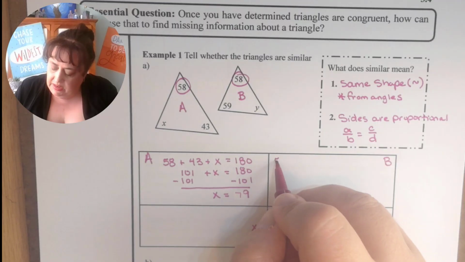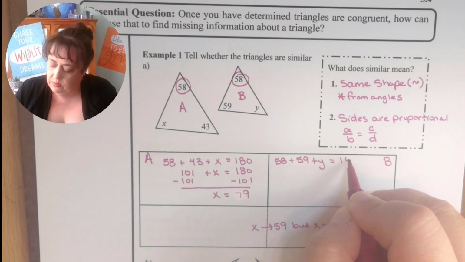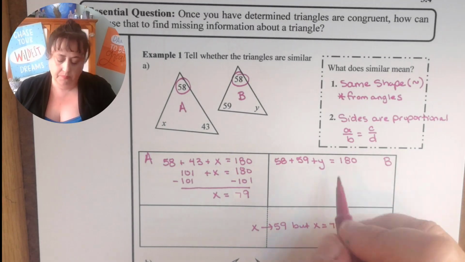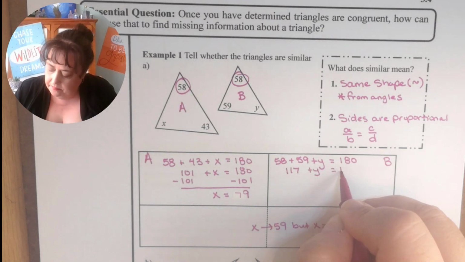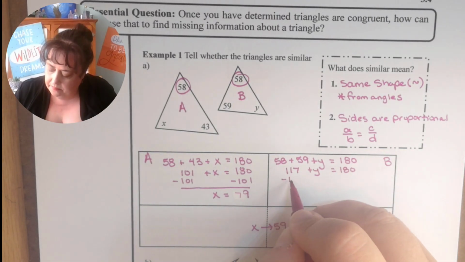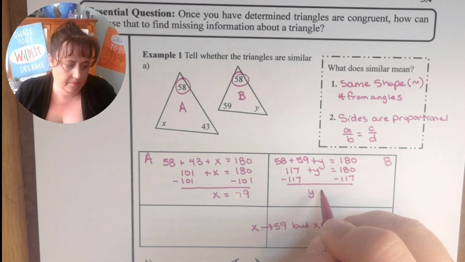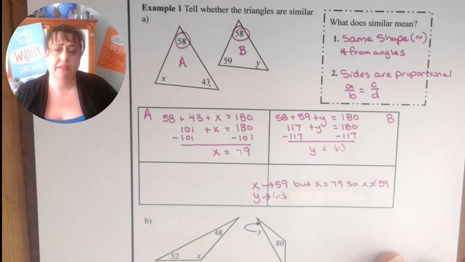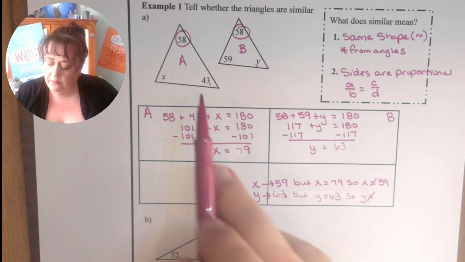That's too bad. Well, let's see what happens in triangle B. We had 58 and 59, and Y is 180. So 58 and 59 is 117. So Y is equal to 63, but Y equals 63, so it can't equal 43.